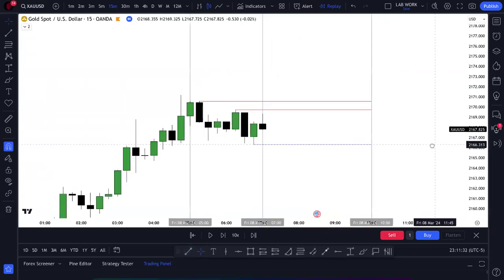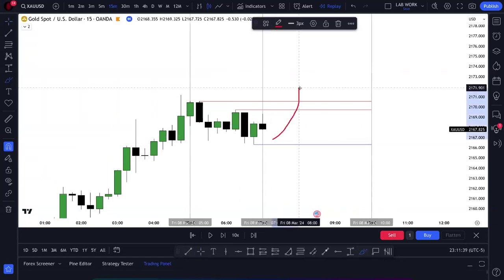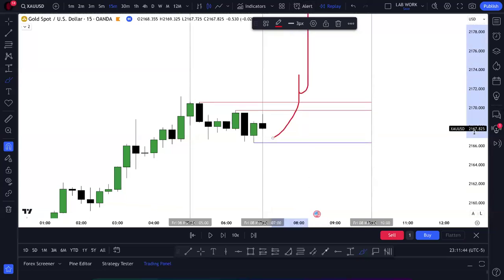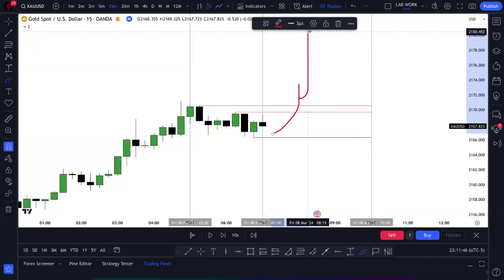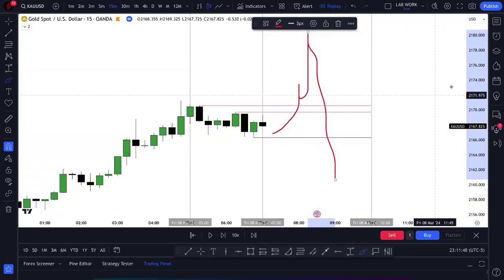And at times it can draw much further into certain ranges of liquidity pools. Instead of just drawing 10 pips or 15 pips above it, it could draw 40 pips above it during that news event, and then drop back down and take out sell side.